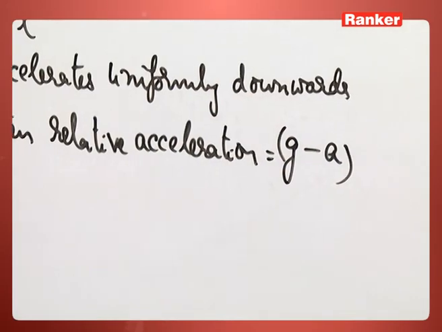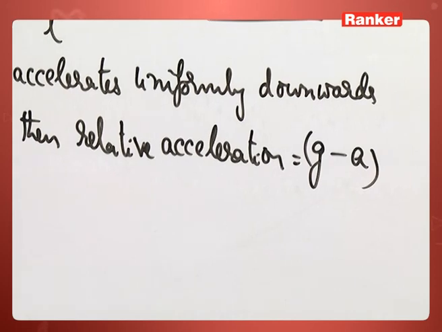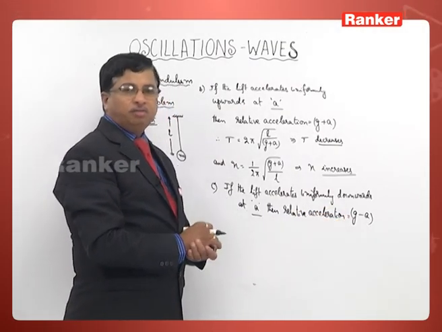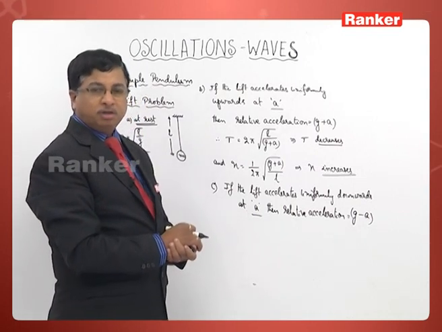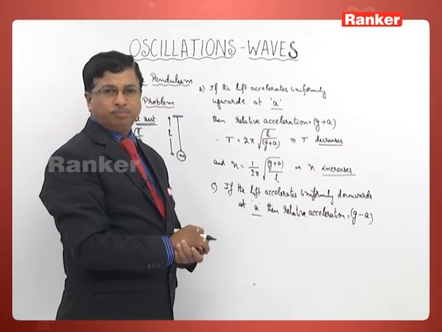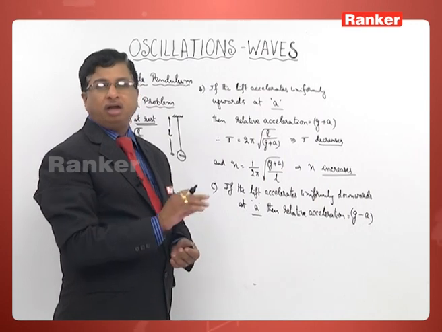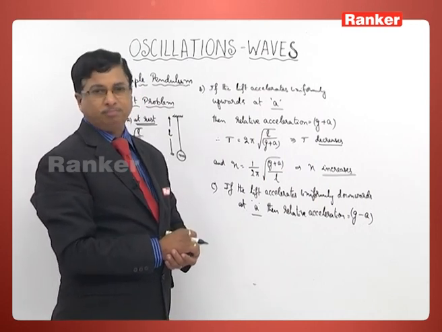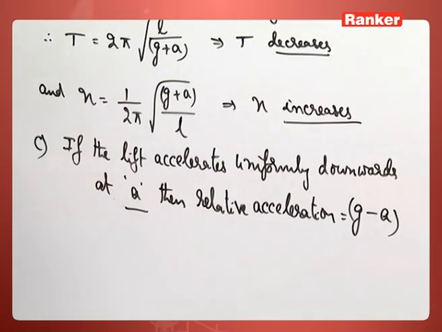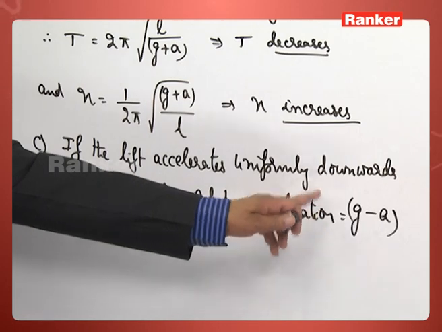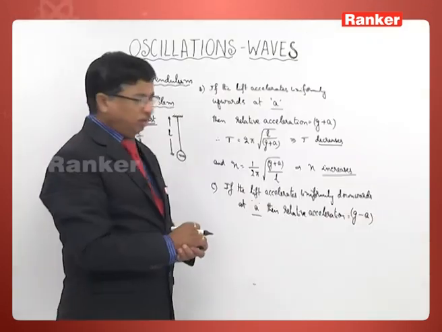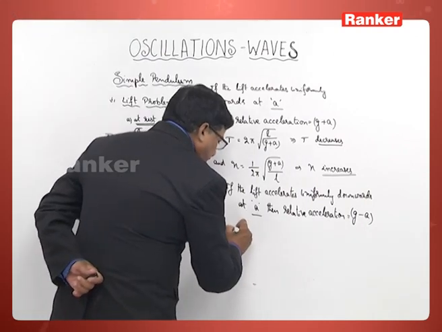And here one important theoretical point one has to remember is, one cannot write this as a minus g, because while moving downwards, any body cannot have acceleration greater than acceleration due to gravity. That condition, of course, everyone should remember. Therefore, this now becomes g minus a, but cannot become a minus g. Then what happens to the time period?